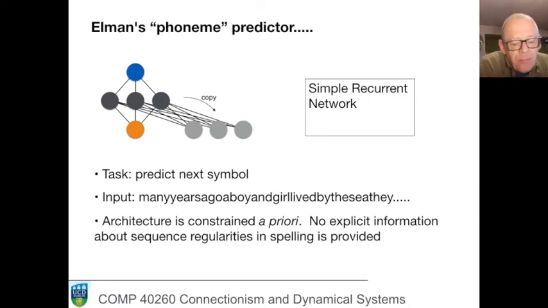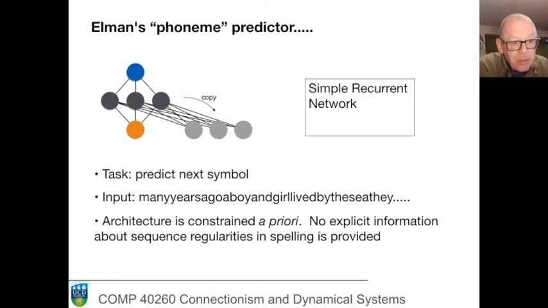So we've gone from using networks to make firm decisions, categorize things, and so on, to a network that can only ever do probabilistic prediction. The architecture is very, very simple. It's constrained, and no explicit information is given about what kind of sequences of letters are available in English.